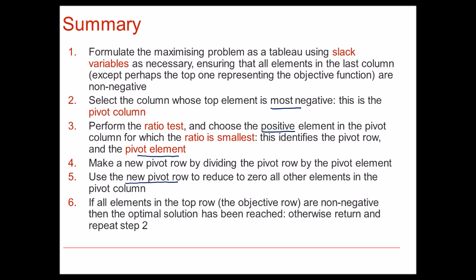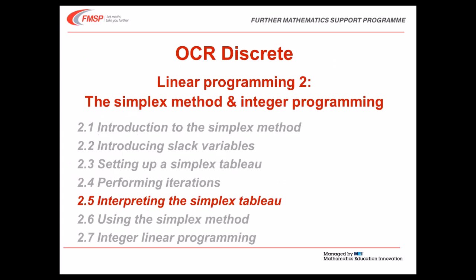And we go through these iterations until all the elements in the top row are non-negative. Then we know that an optimal solution has been reached. In the next video, we will interpret the simplex tableau in greater detail and identify that optimal solution from it.